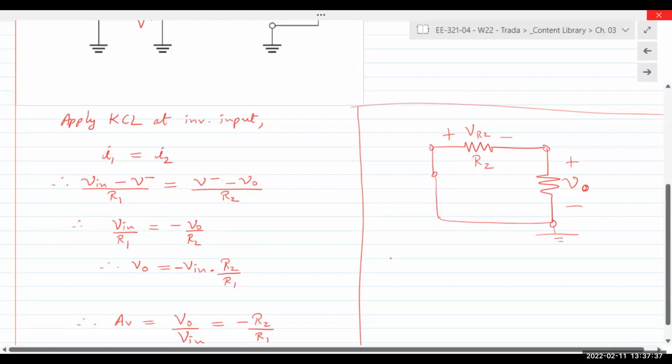So if I apply KVL around the loop, I get VO equal to minus VR2. VO is minus VR2. It's simply minus I2 times R2.